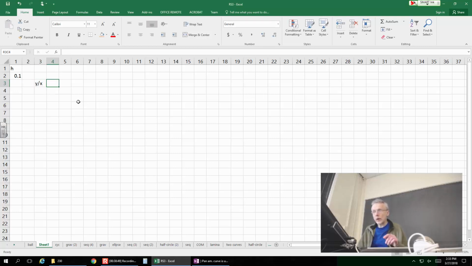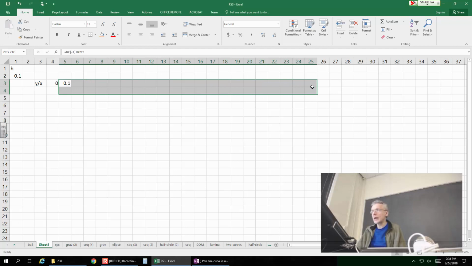I'll start with 0, and then progress 0.1 at a time to the right. So it will be equal to this value plus R2C1, that h over there, 0.1, and I can have as many of these as I like.